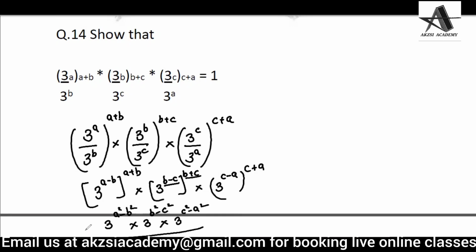Applying the first rule, where we have the same bases and are multiplying, we add the powers. So 3 to the power of a squared minus b squared plus b squared minus c squared plus c squared minus a squared. They all cancel out. 3 to the power of 0 is 1. So hence we have shown that left hand side is equal to right hand side.